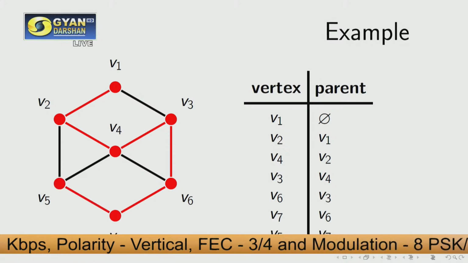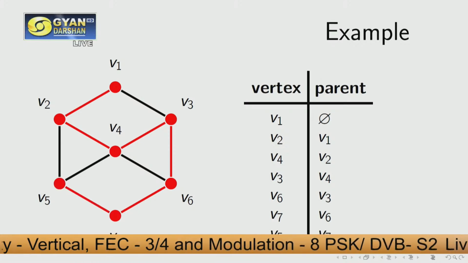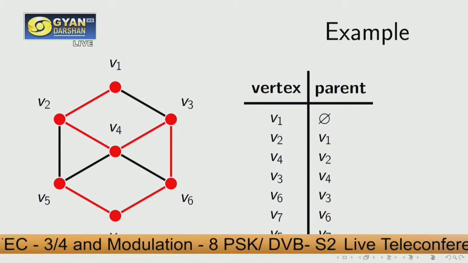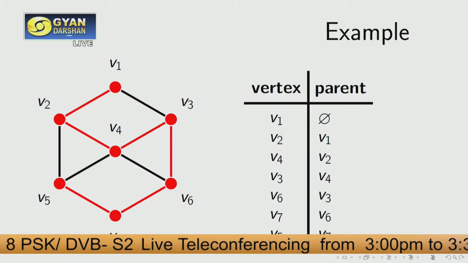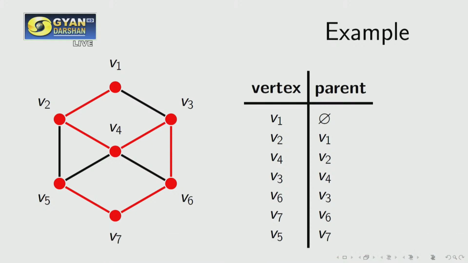So you can see that while visiting the vertices, we are also keeping track of the parents of all the vertices. On the right hand side, we have the parents of all the vertices except the root vertex. This information will help us construct the fundamental cycle.